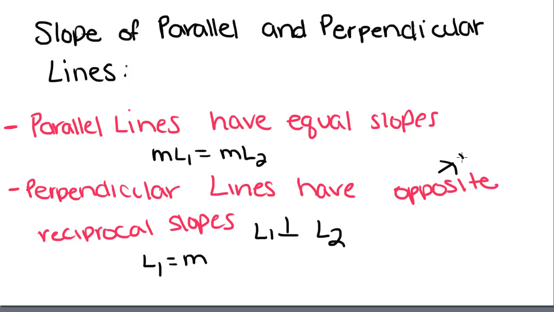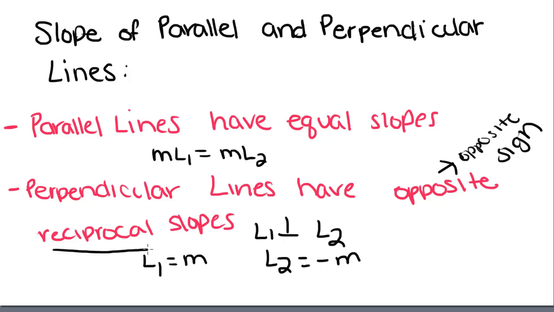Opposite means take the opposite sign. So if this is positive m, for line 2 I want negative m, and then I want the reciprocal of m, and the reciprocal is just 1 over m. So the slope of a perpendicular line is negative 1 over m, if m is your slope.